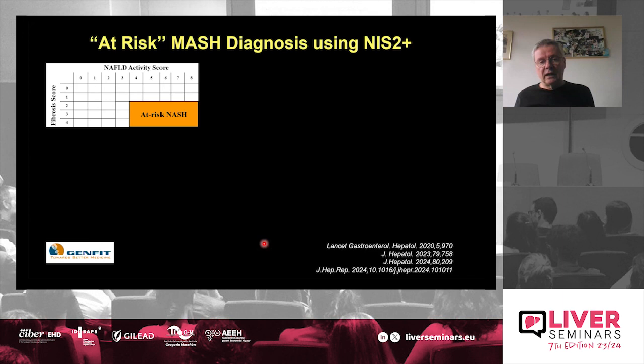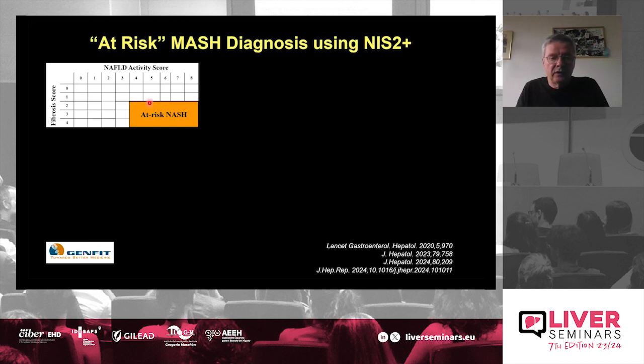But for at-risk NASH, there is actually at this time very little available, and so all the studies have to perform pre- and post-treatment biopsies of the patients. And so we were very interested, together with Genfit, which is a company that I co-founded about 25 years ago, and which became very active in NASH around 2013-14.